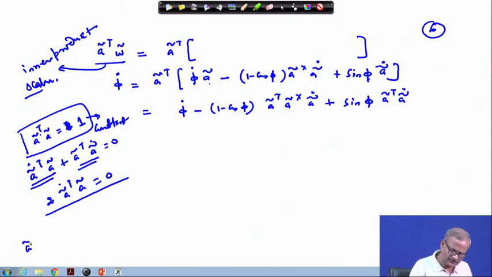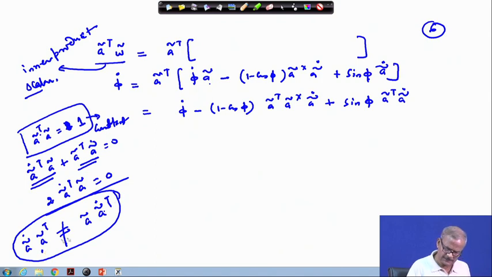Had it been the outer product, this quantity would not be equal to this quantity. See the difference. This is the outer product: A tilde dot is coming here in front, here it is coming at the end.